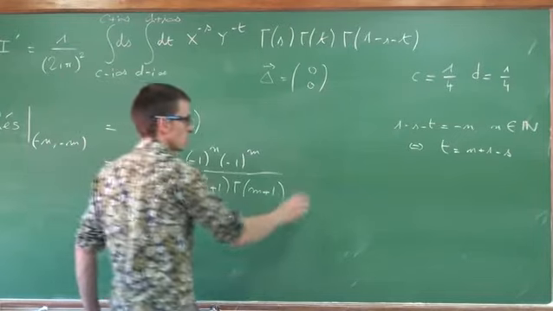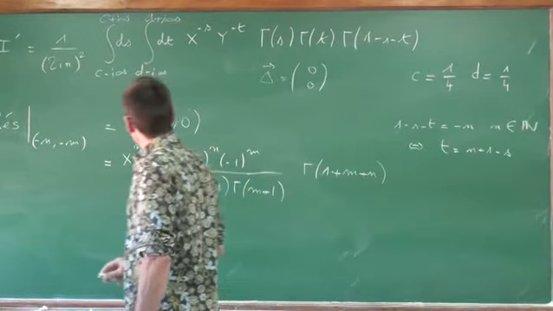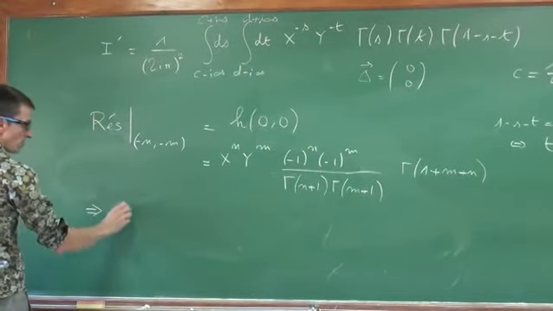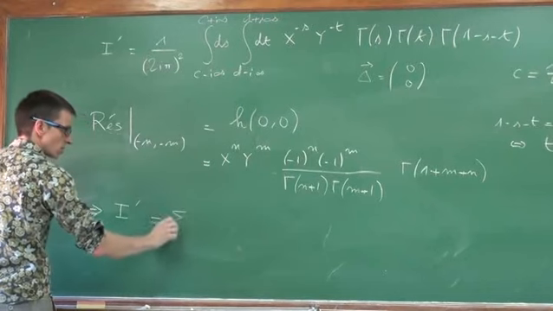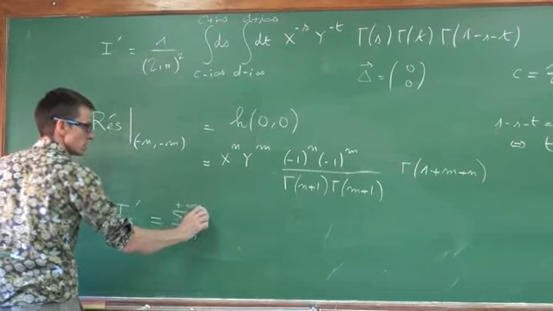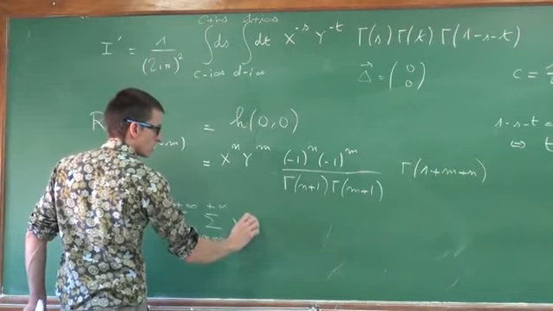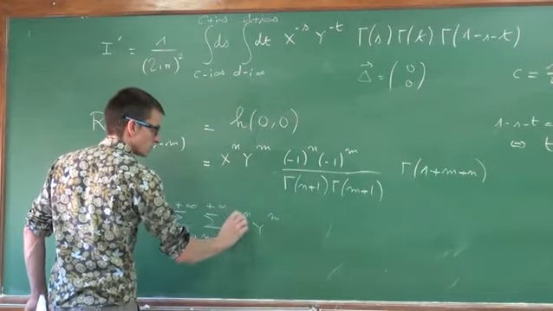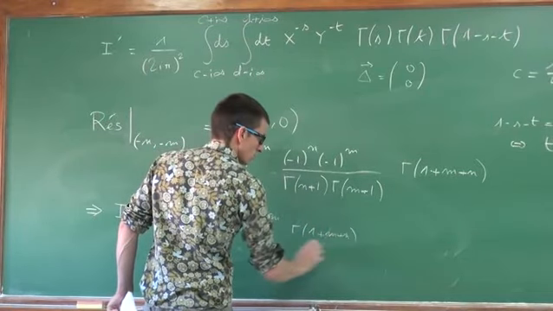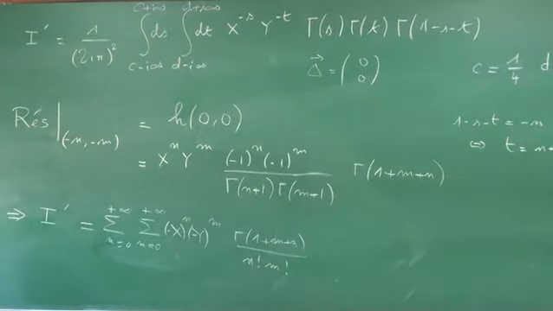Therefore, our integral E prime equals the sum from n equals 0 to infinity, sum from n equals 0 to infinity, of x to the power n, y to the power n, with minus signs, gamma of 1 plus n plus n divided by n factorial, n factorial. Okay?